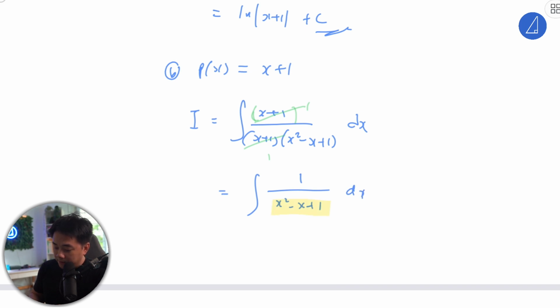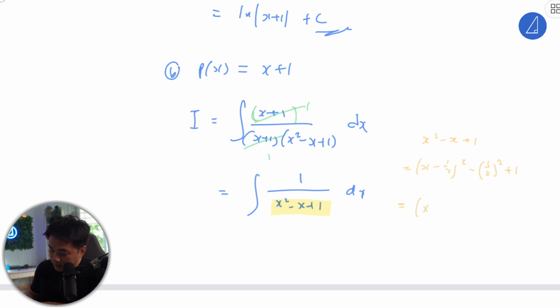Now here what you need to understand is that the bottom is quadratic and the numerator is constant. You have to use MF26. In order to use MF26, what we need to do is complete the square for the denominator. So I'm going to side quest a bit. x squared minus x plus 1 is x minus a half squared, minus a half squared plus 1.